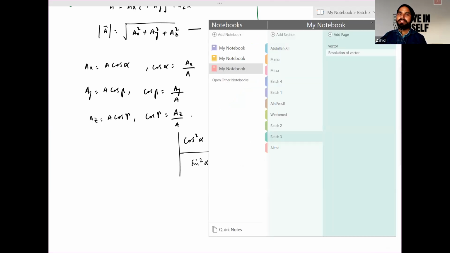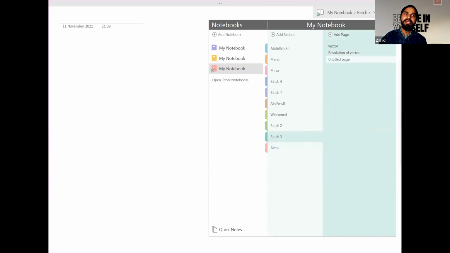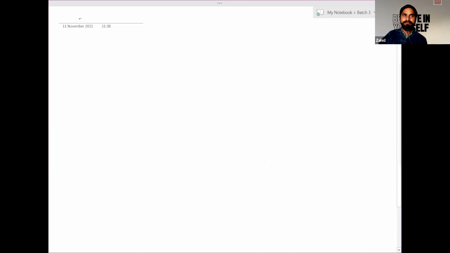So this is all about resolution of vector. Next is to define product. For product, I'm defining you some relation. Let's say if you have a scalar multiplied by a scalar. Scalar is nothing but magnitude only.